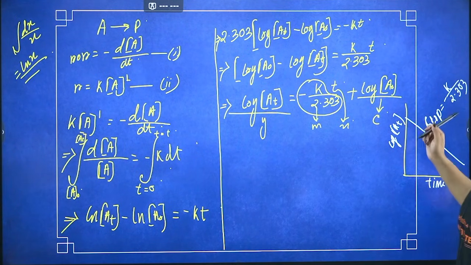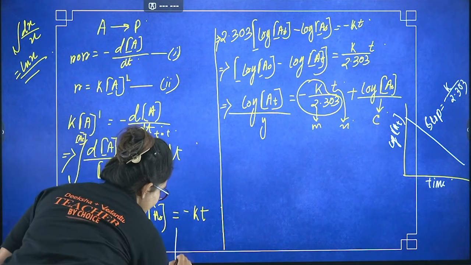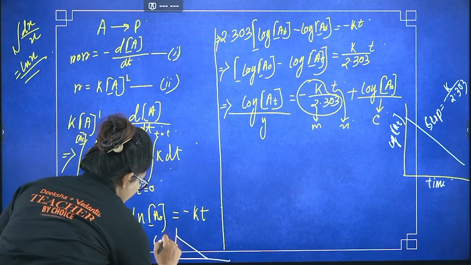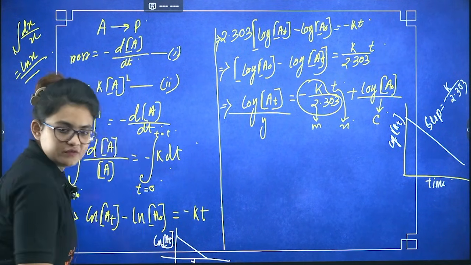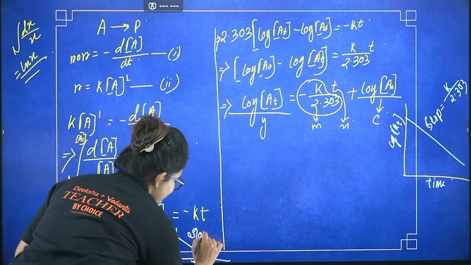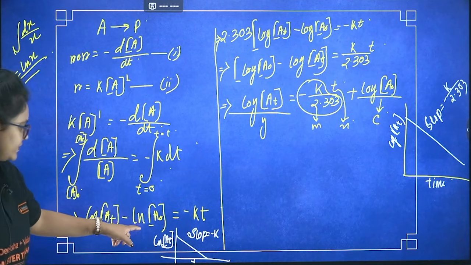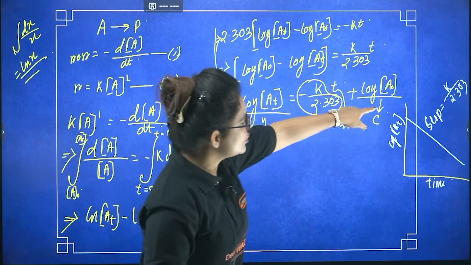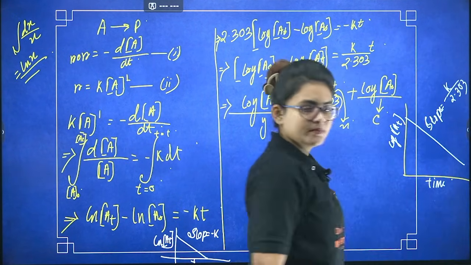Now if you plot ln of At versus t, you will get the same type of graph, but the slope will be only minus K, because you did not convert it to log, but here I have converted it to log. That's the reason the slope comes to be minus K by 2.303.